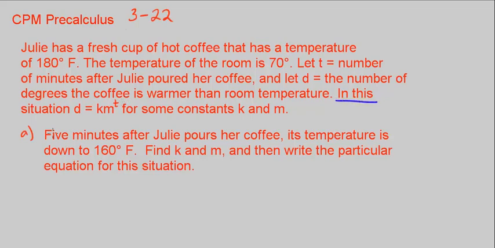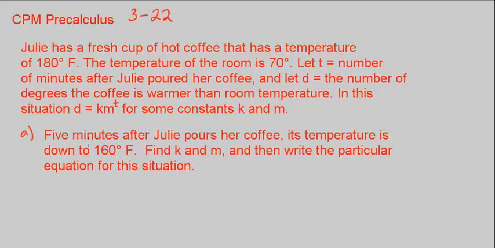And then in this situation, D is equal to K m to the power of T for some constants K and M. So they're telling us right away that the relationship between the difference between the room temperature and the coffee cup is some exponential function with regards to time, right? So let's go ahead and look at this.